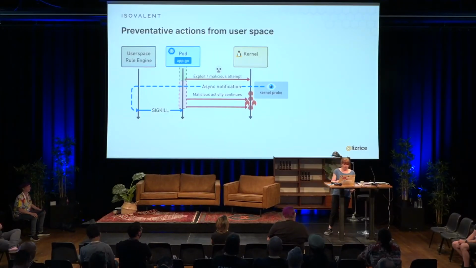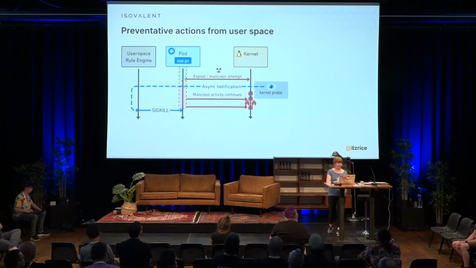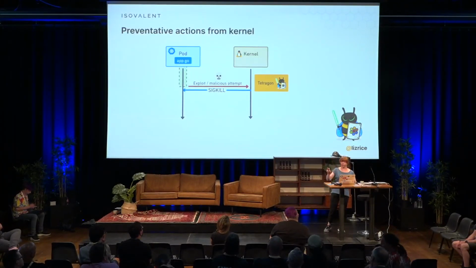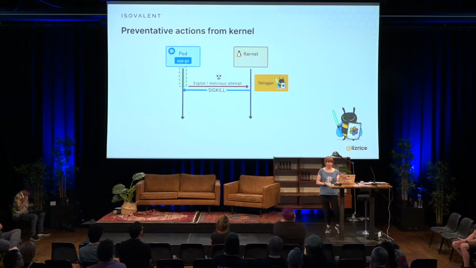What we've been able to do, thanks to some pretty serious kernel understanding in Tetragon, is to send the SIGKILL in immediately from the kernel to kill that process immediately. And this is happening sort of synchronously before the event has been able to be processed.